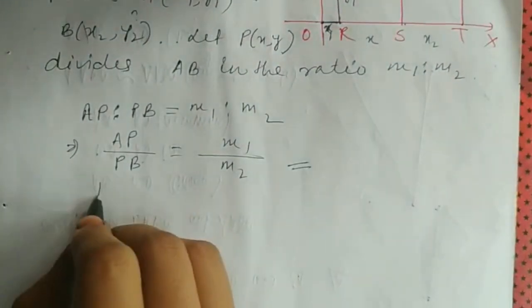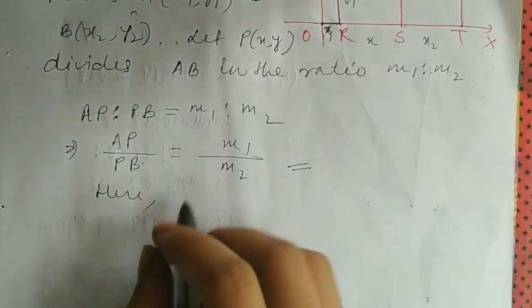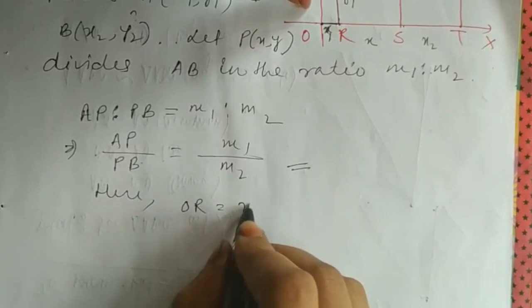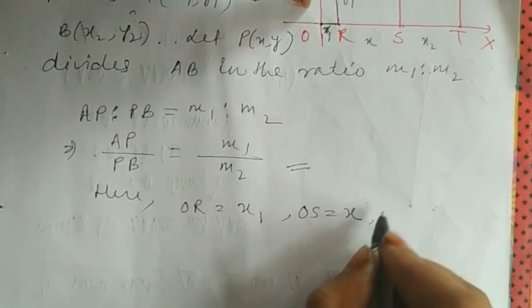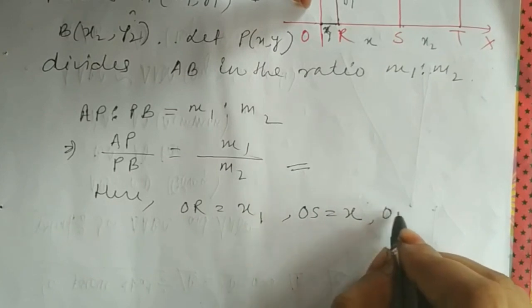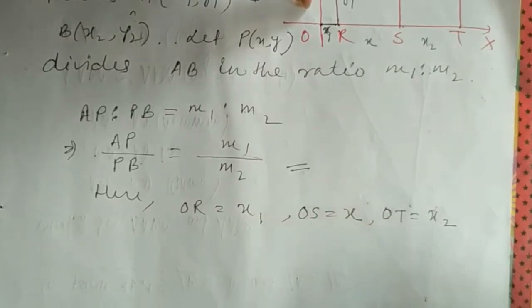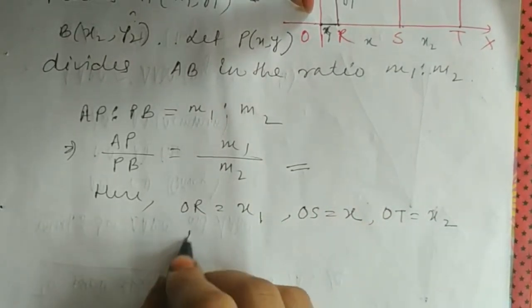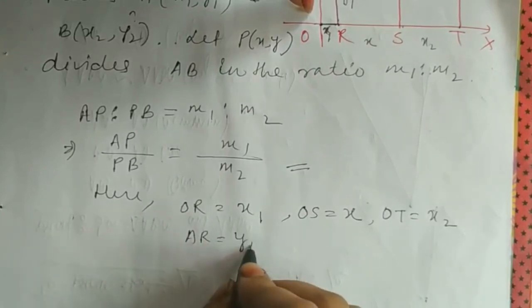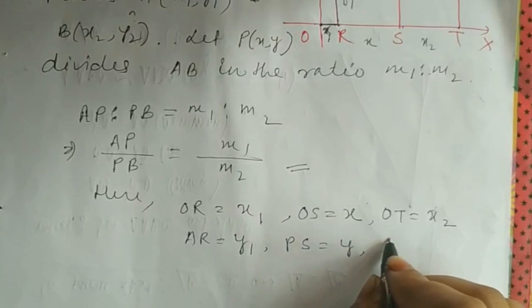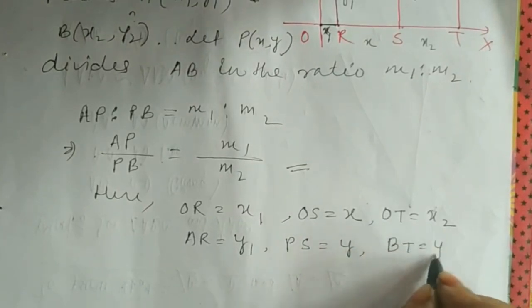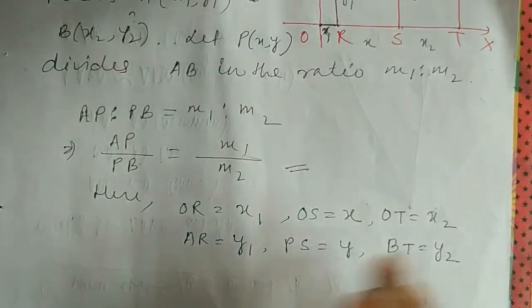So OR equals x1, OS equals x, and OT equals x2. AR equals y1, PS equals y, and BT equals y2.